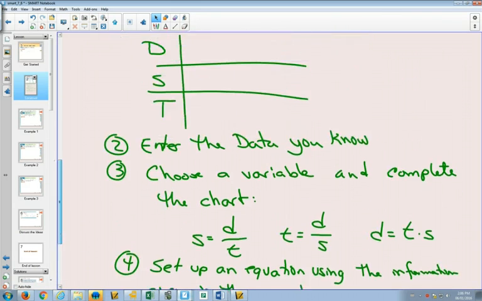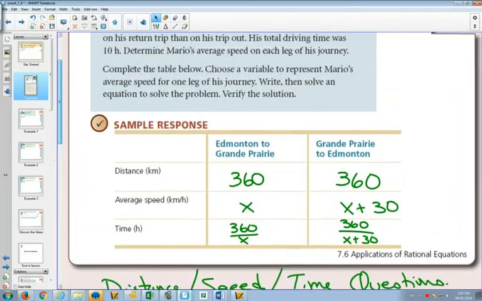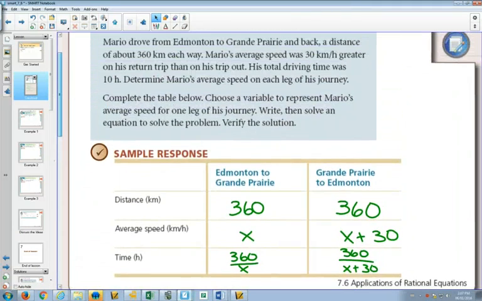Now we're going to go back to our original question and ask, is there something from within this chart so that I can write an equation? What is the only information that we haven't used yet? His total driving time was 10 hours. So if you know that his total driving time is 10 hours, how can we make an equation using the data in this chart?